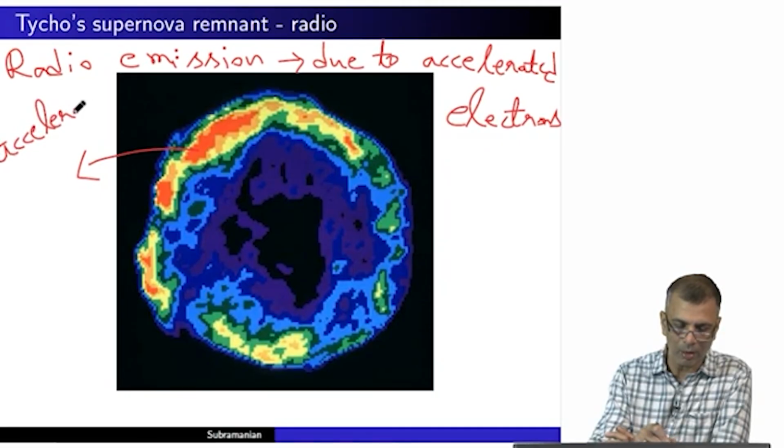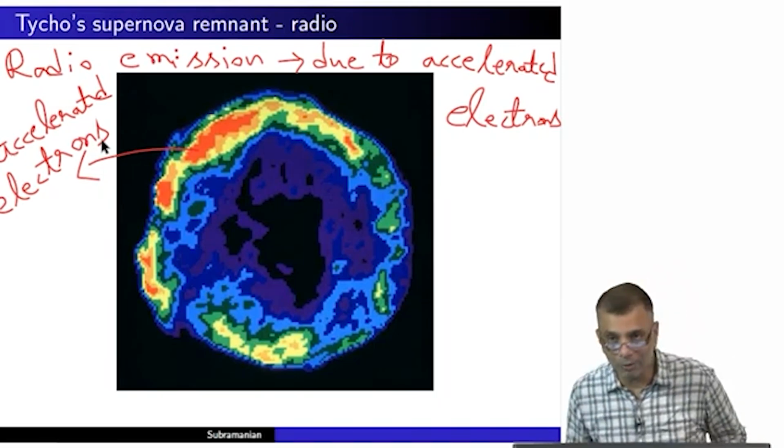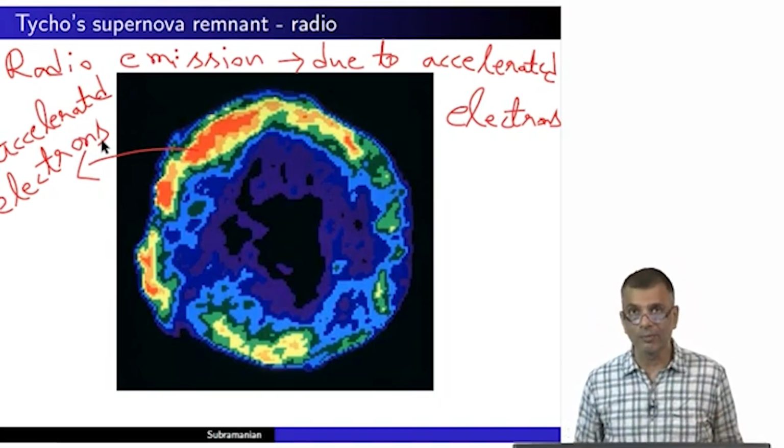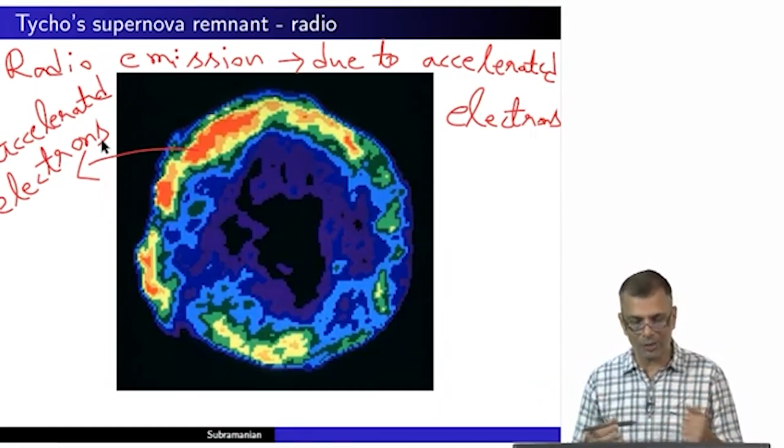So all over here, these are essentially telltale signatures of accelerated or non-thermal electrons. And we know what are good agents for accelerating electrons? Shocks. Hence our whole basis for discussing this.